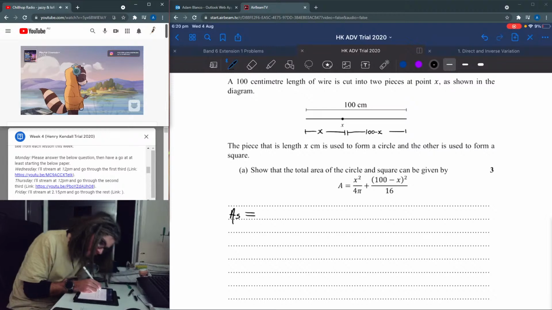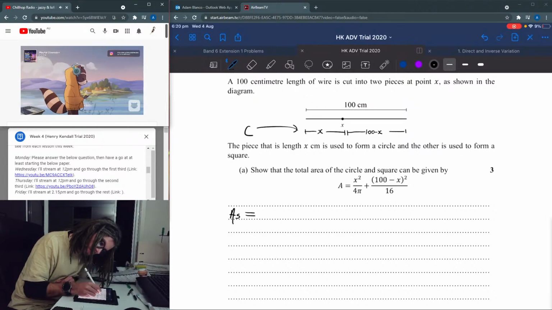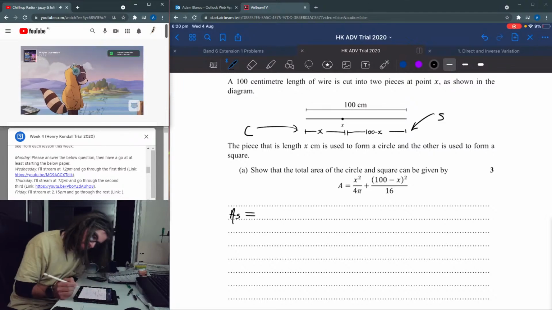Right, okay. So this is used to form a circle, and this is used to form a square.